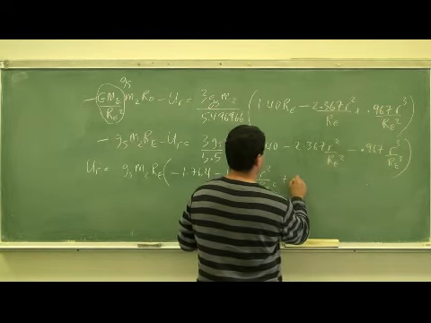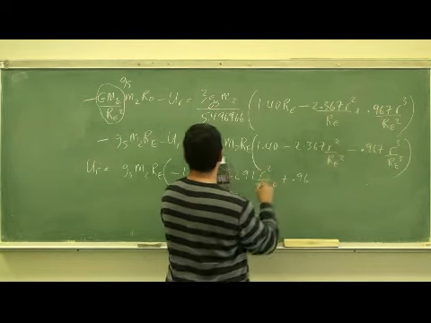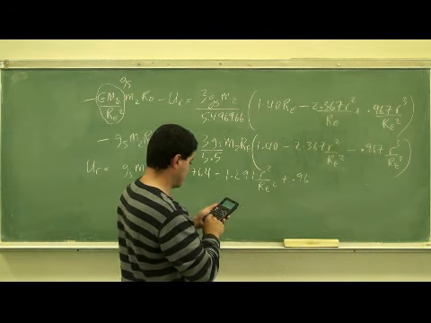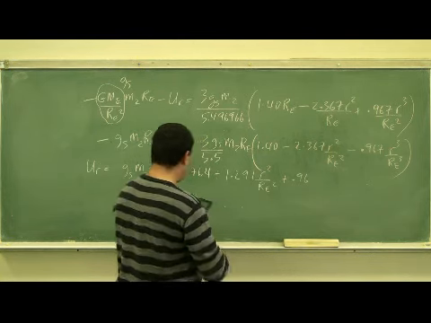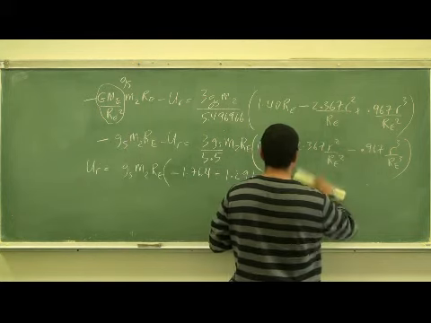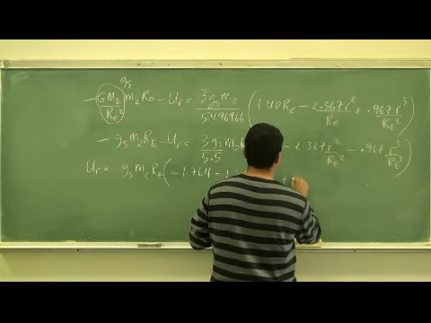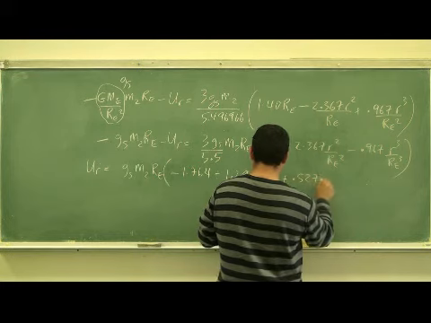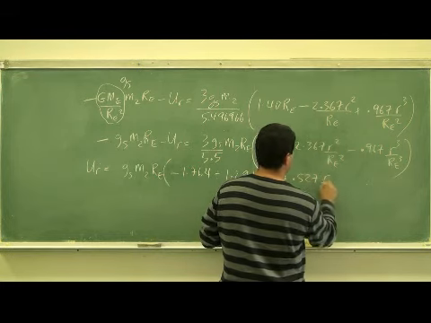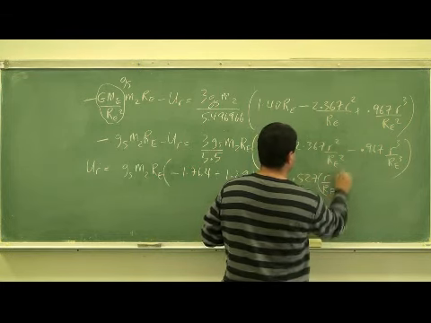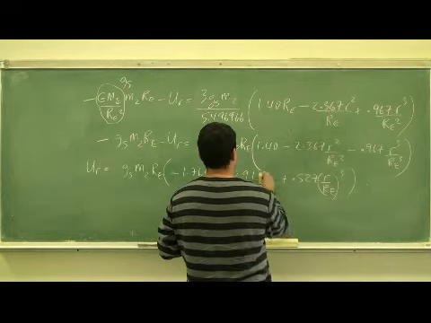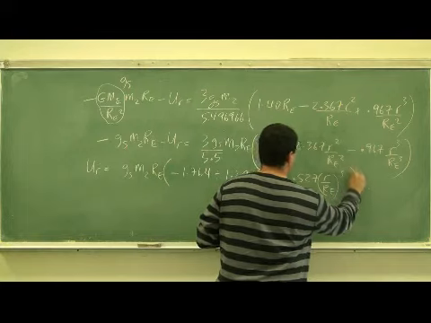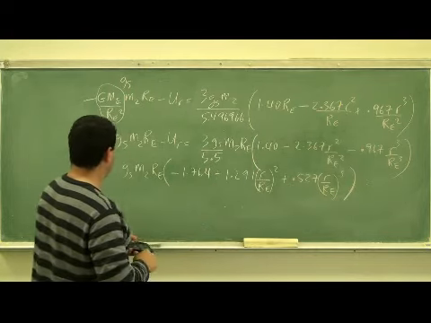So positive 0.96, no, we got to multiply 0.967 times 3 divided by 5.5, 0.527. And then R over R of E quantity cubed. And then here I could also express it the same way. R over R of E quantity squared, and we are set.